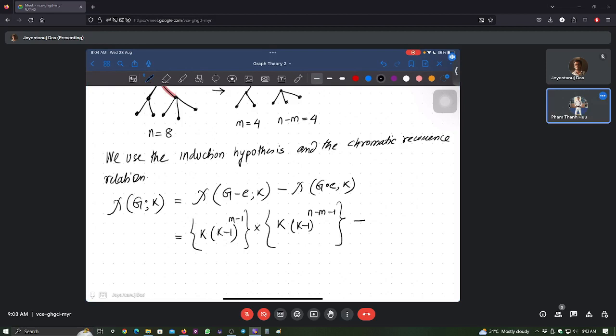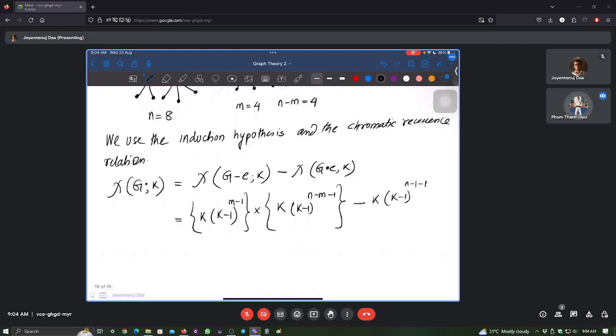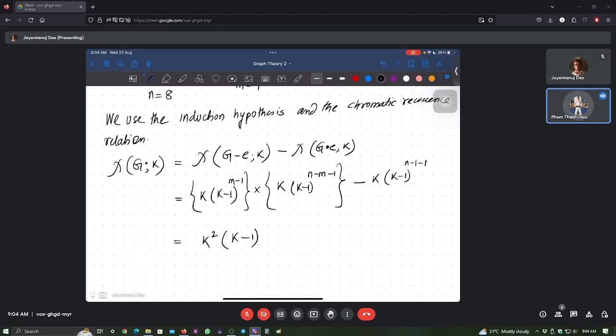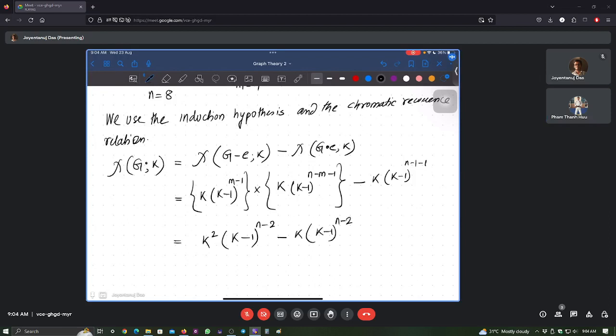Minus, now G dot e has order n minus 1, so it will be k into k minus 1 to the power n minus 1 minus 1, right? So now if we bring them together, I have k square into k minus 1 to the power, how much will that be? 8 minus 2, so n minus 2, minus k into k minus 1 to the power n minus 2, right?